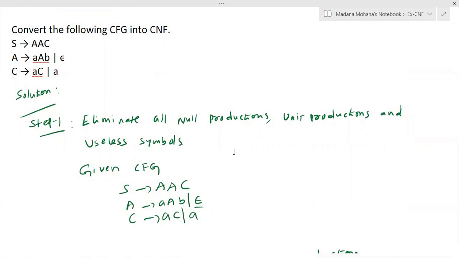Then what you have to do? Directly you can proceed to step 2. Now here you can see in the given grammar, A derives null, epsilon is there. By seeing this directly, you can identify null productions are there. So first, eliminate null productions here.